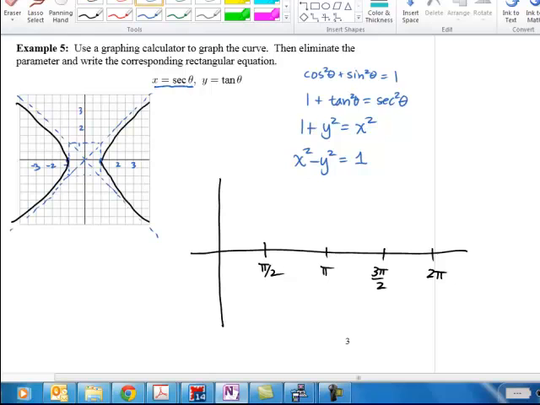Secant of theta I'm going to do in blue. Secant of 0 is 1, and then we are positive until we get to here, and then we have an asymptote. And then we're negative on this stretch, and then positive again on that stretch. Then let's see, tangent of theta I'll do in red.